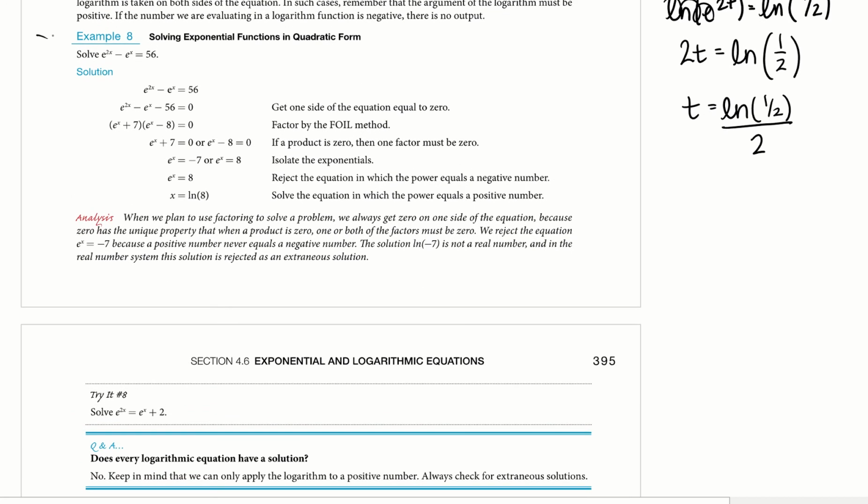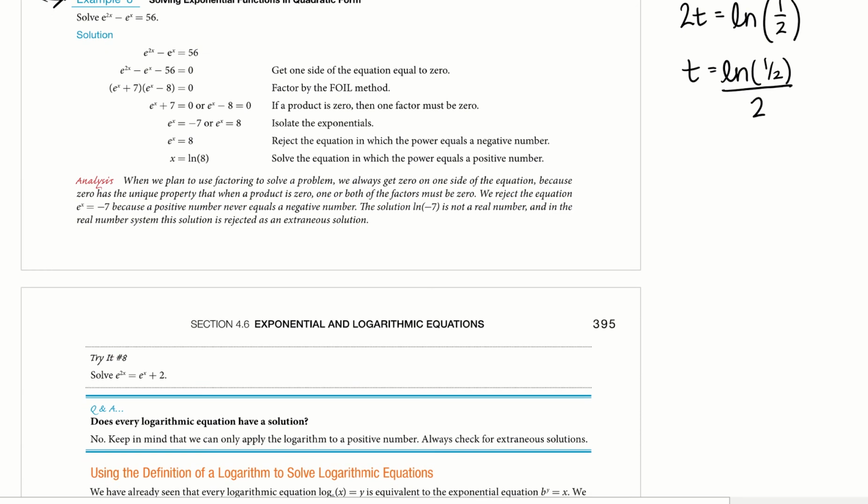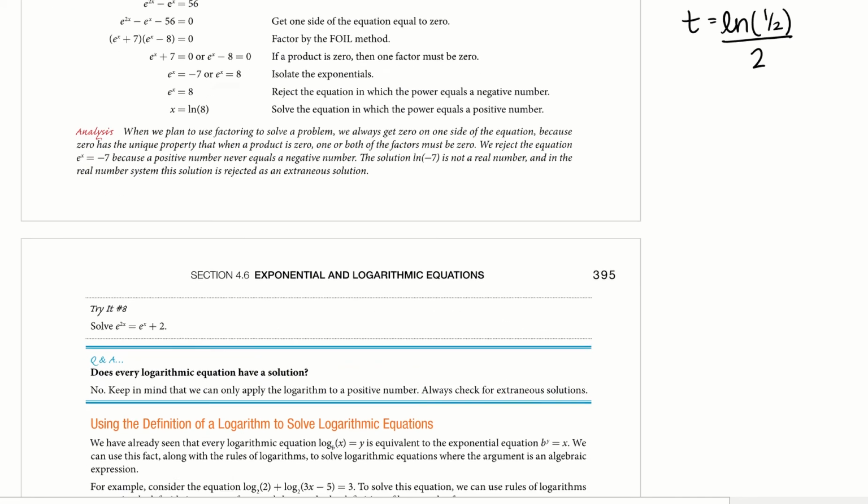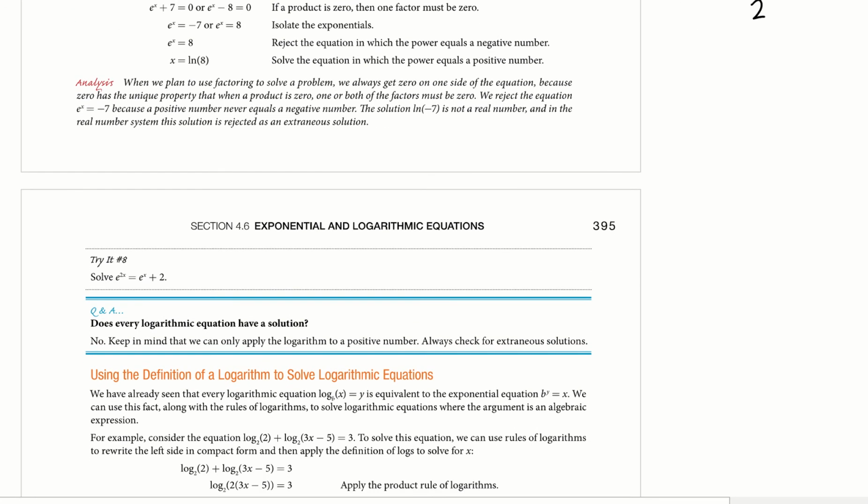Okay, this is a tricky one, solving it in quadratic form. So there would be multiple ways to do this. This one's simple enough.